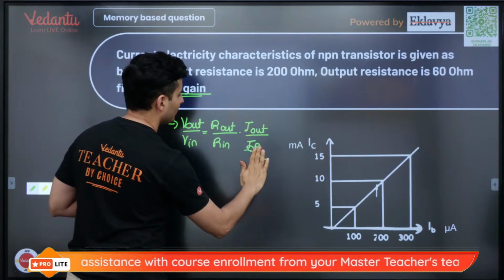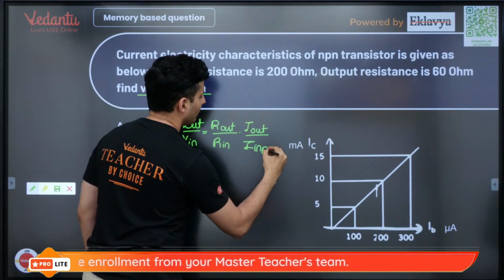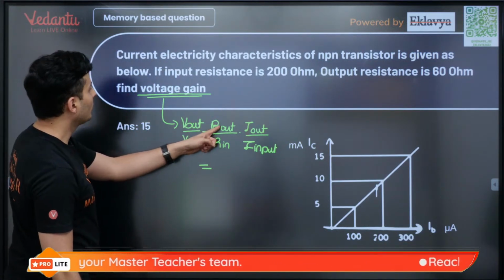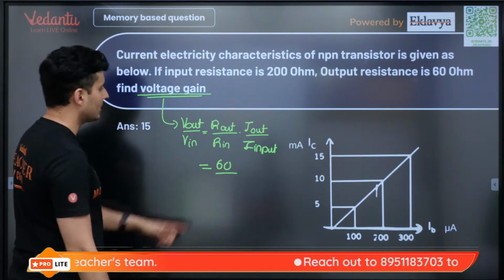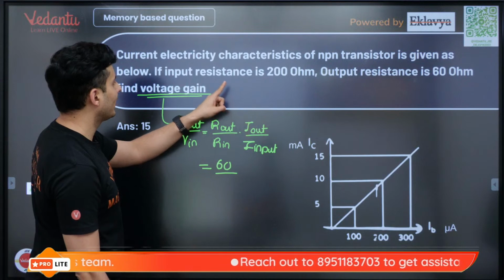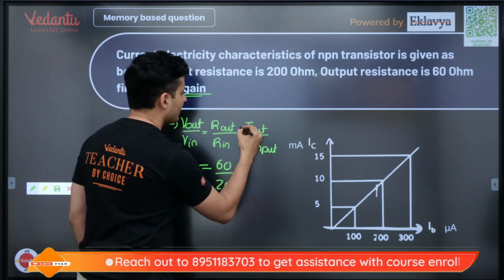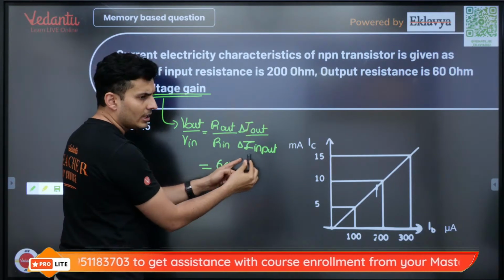Now, output resistance over here is nothing but 60, and input resistance over here is nothing but 200. Now this is actually delta input change and delta output change.